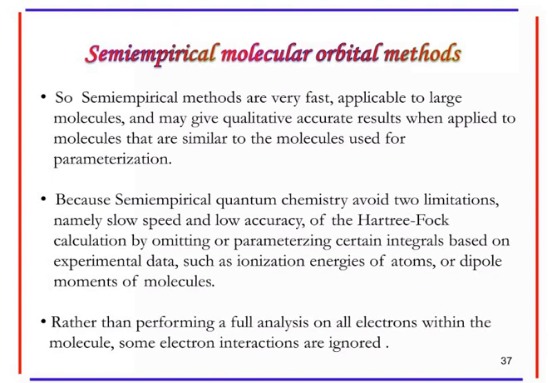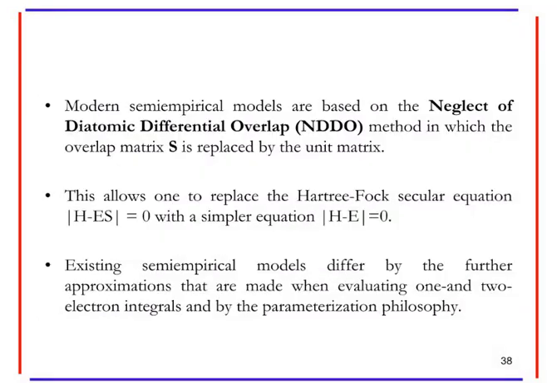Semi-empirical quantum chemistry avoids two limitations, namely the slow speed and low accuracy of Hartree-Fock calculations, by omitting and parameterizing certain integrals based on experimental data such as the ionization energy of atoms or the dipole moment of molecules. So rather than performing a full analysis on all electrons within the molecule, some electron interactions are ignored.